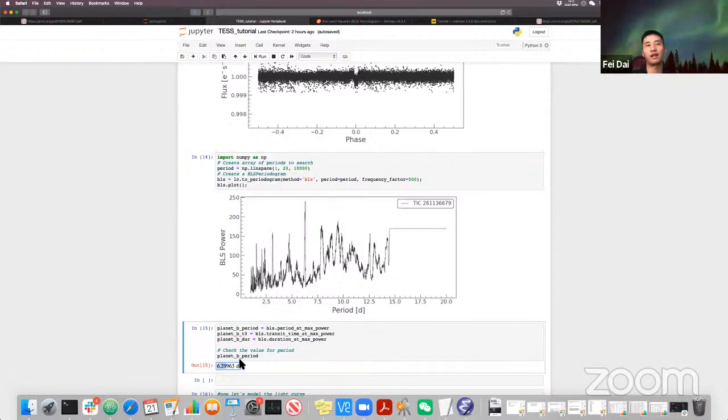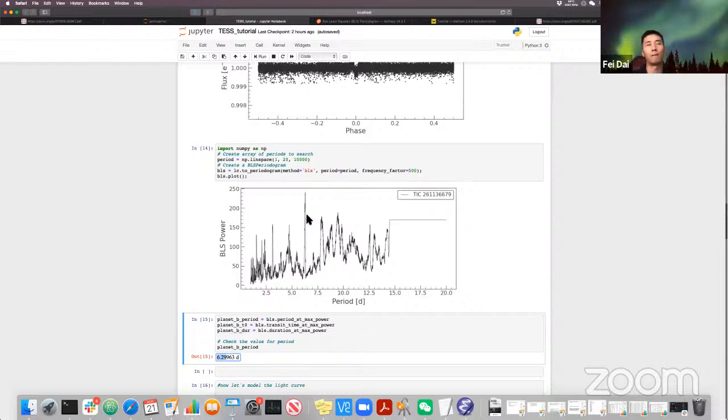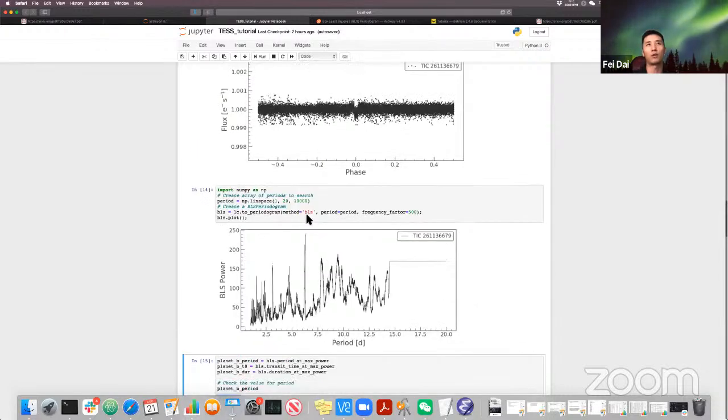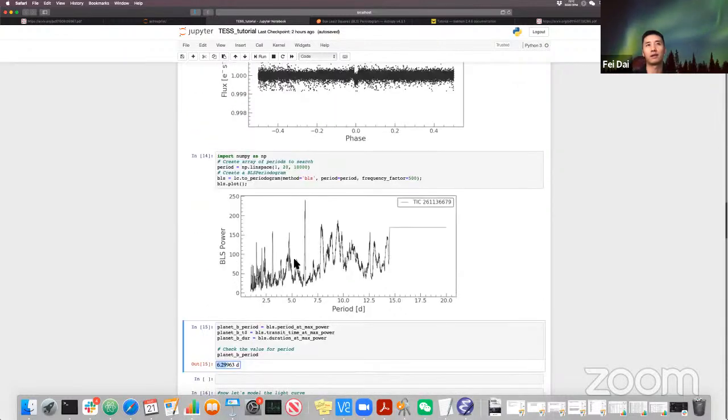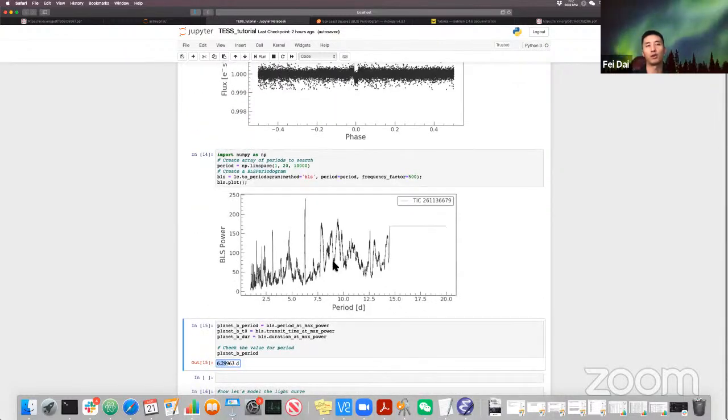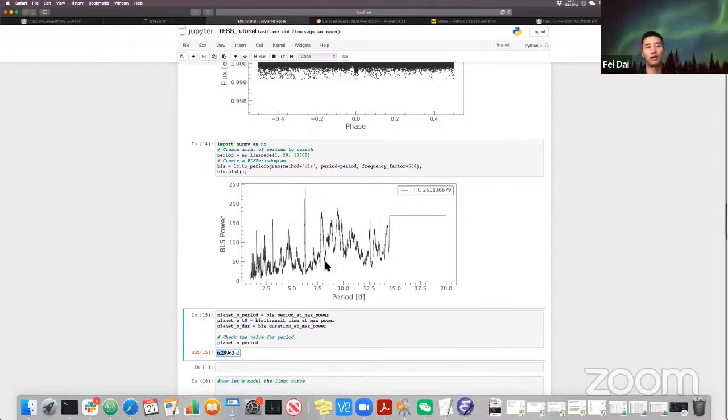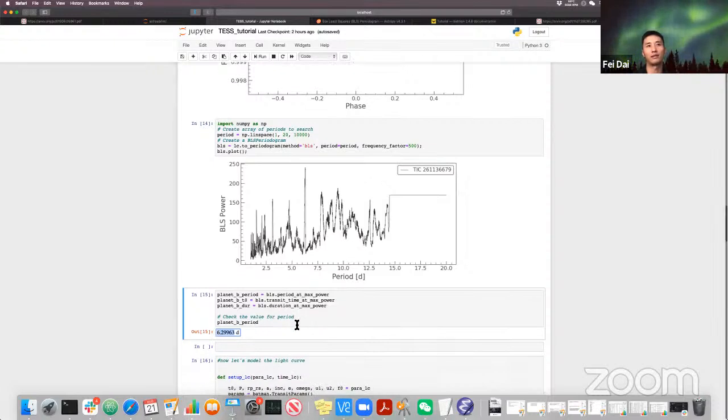Note, this is slightly different from the reported period of 6.26 days. This is because the period grid we are searching over is not as finely separated. So we can't trust this period, but it's a good indication of roughly where that period lands.